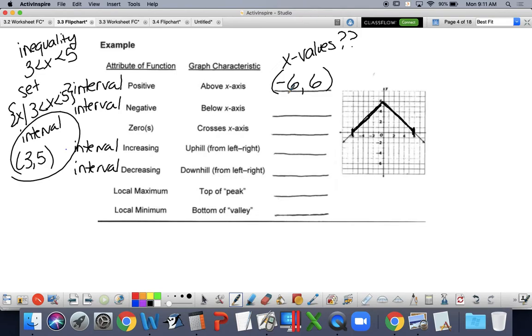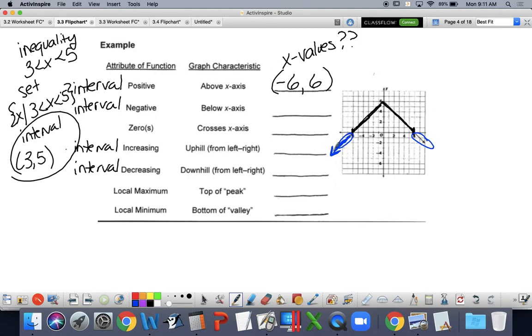When is my function below the x-axis? Here's the thing. I have two separate intervals. I have to write these as two separate intervals and connect them together. This has an arrowhead on it. Hopefully you can see it.